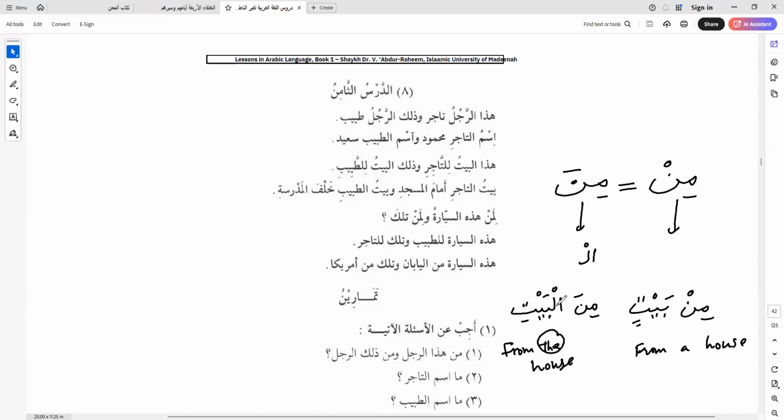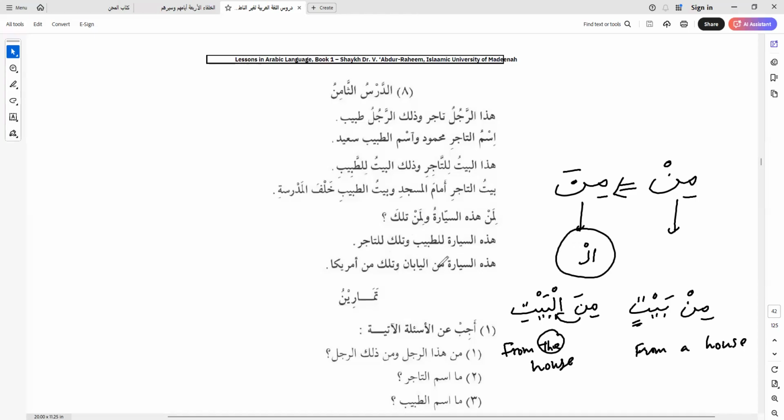Because of the al, we have to say mina so that we can connect in reading. Minal baiti. Min baitin. So min can change to mina when it has alif or lam in front of it. The lam can be shamsiyah or qamariyah.